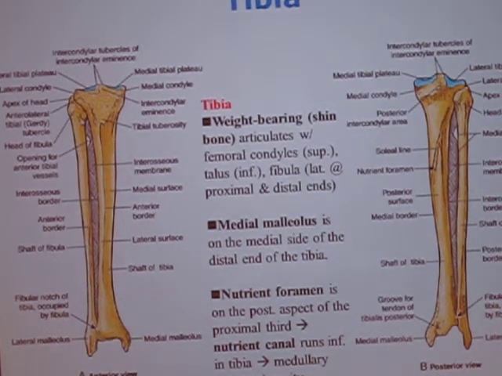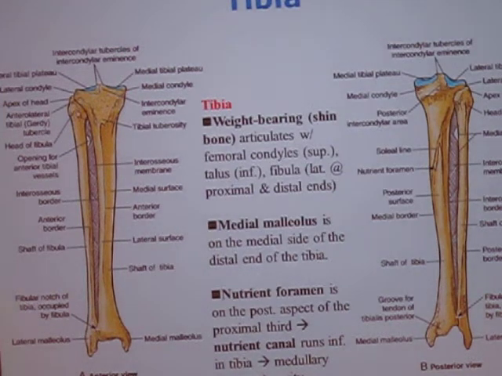Remember, this one does not bear any weight in a significant amount, and it does so at the proximal and distal ends. This lateral malleolus actually, and the medial malleolus are a couple of areas that I'd like you guys to keep in mind when we take a look at some of the locations of veins in the lower leg.